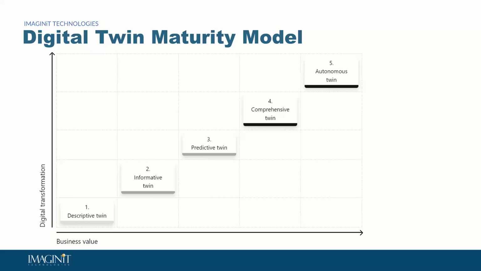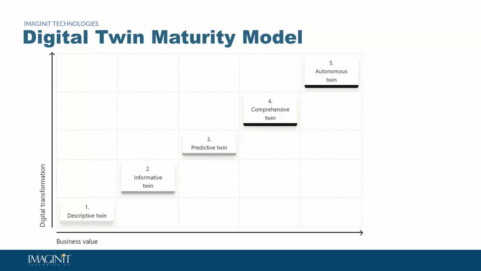maturity, right? Are you at that descriptive twin, where it's essentially facilities data, and you're potentially working in the BIM world with a low-level, maybe not robust, comprehensive data set of all of the pieces and parts of that element? Moving on to an informative twin, that's where IoT comes in, where we have reporting information being sent to a digital twin for us to observe.